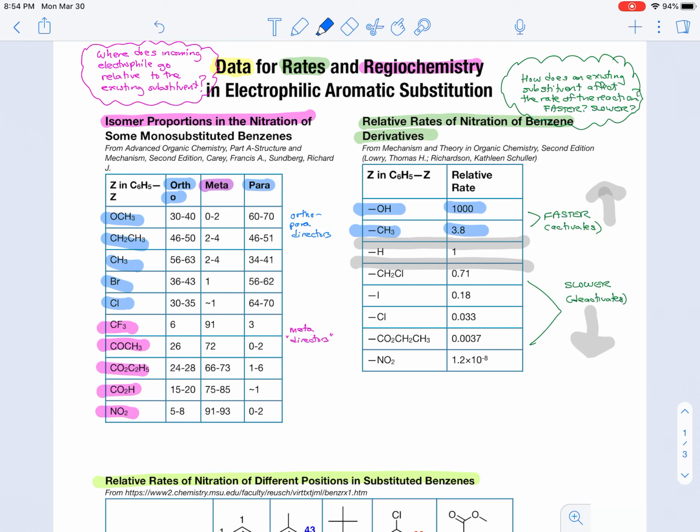Whereas if we look for these other ones in the table, which were pink, nitro is a deactivator and also a meta director.